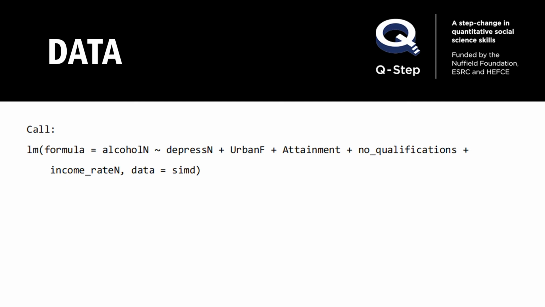Our third predictor is the attainment variable, which is the score based on school leavers' highest level of qualification. And lastly, our fourth predictor is the income rate variable, which is the percentage of people who receive welfare benefits as they aren't working and therefore are income deprived.